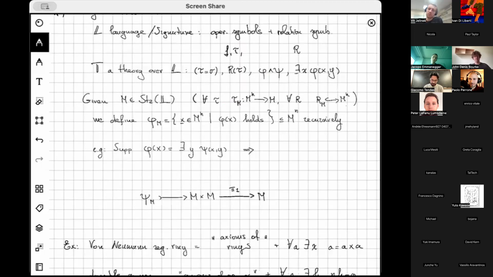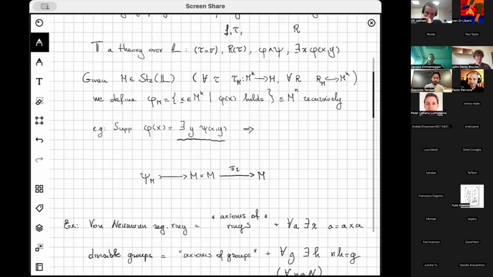Given a structure, in logic you can always define, for any formula phi, the subset of M to the n, depending on the arity of the formula, of all the elements that satisfy that formula. And you do this recursively on the construction of the formula. The case of interest for us is existential formulas, because I want to talk about regular theories.